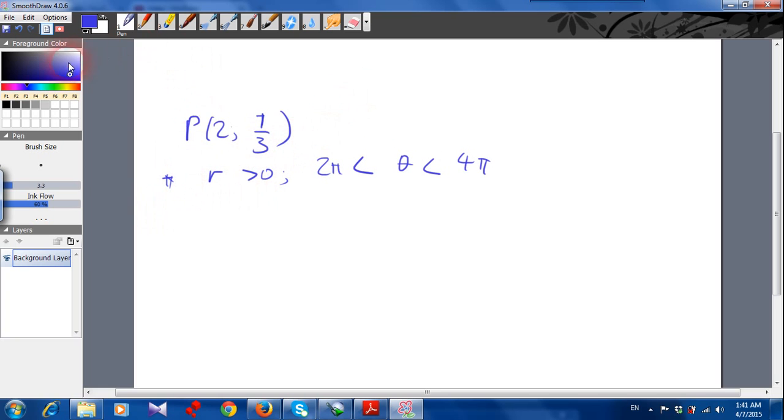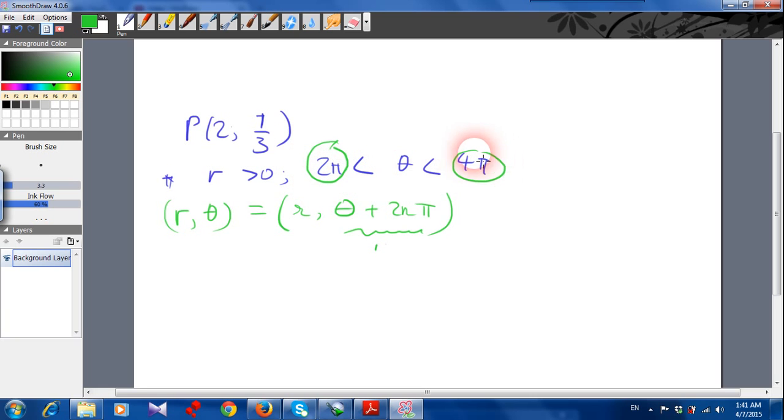So we come back to the formula theta plus 2nπ, and the range of this angle will be between 2π and 4π. That's the interval.